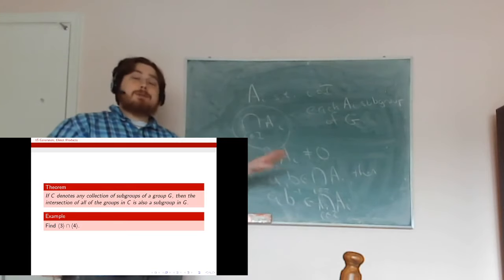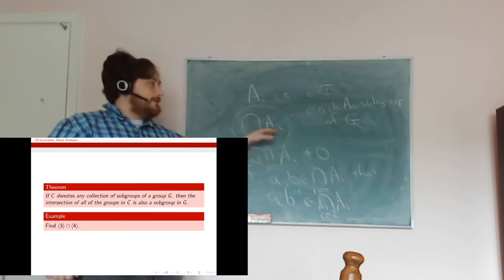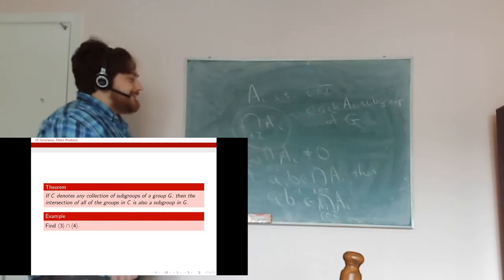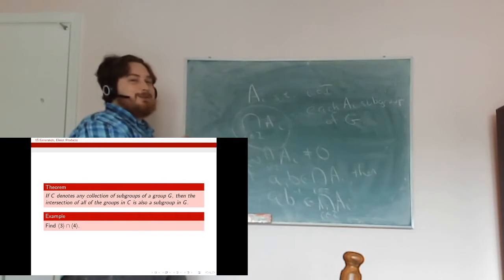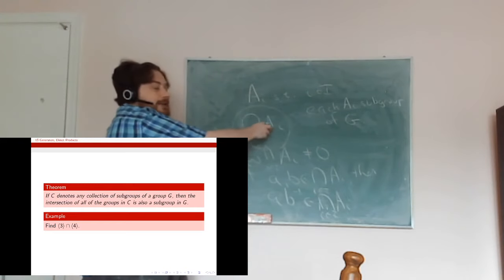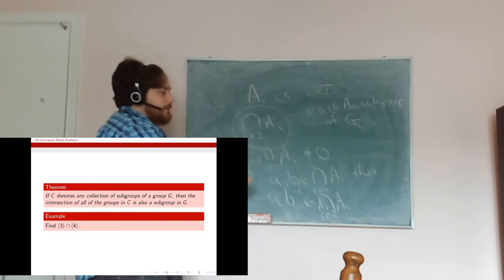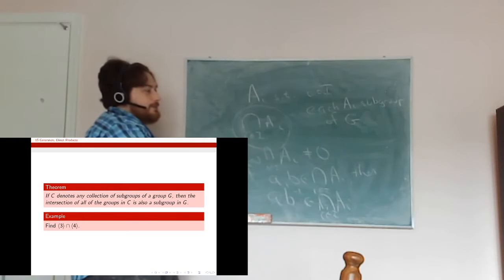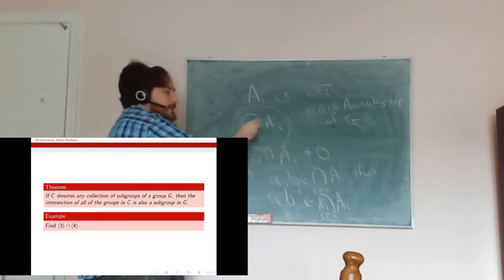So in order to be a subgroup, it has to be a group, right? Therefore, the identity has to be in each of these, but the identity of the subgroup is the same as the identity of the group. So the identity of the group G has to be in each one of these.